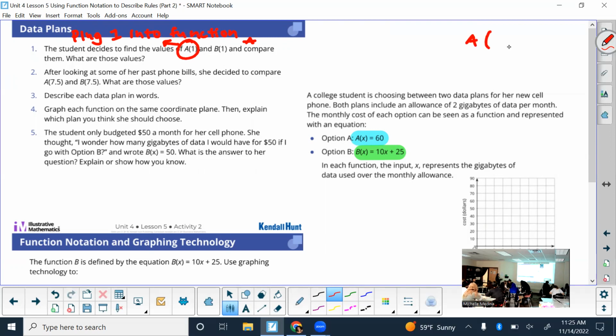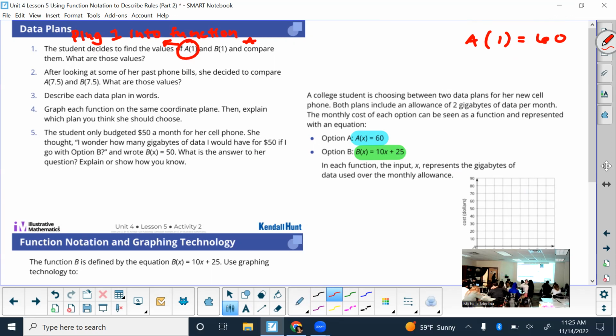Anywhere that there's an X, you put a 1. And do I need to do any simplifying on the right side? Yes, no? No, because there's nothing else I could do. It's not any other operation. So then A of 1 equals 60.